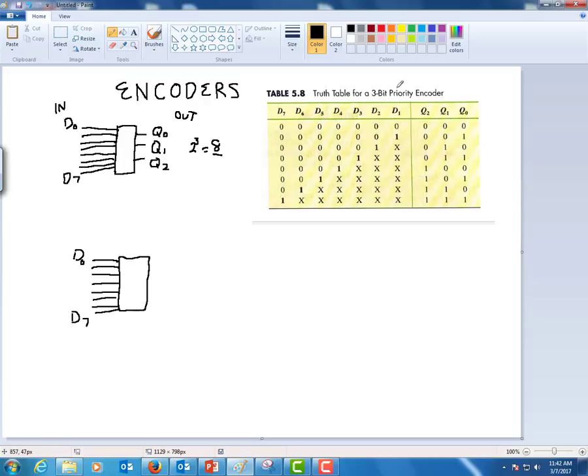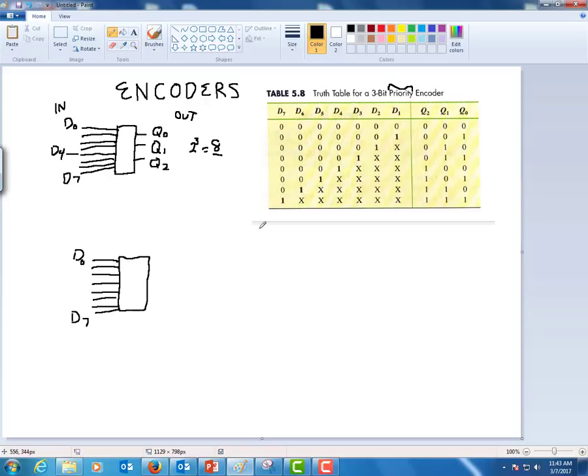Now, let's talk about what priority means. You have this word here, priority. Priority means that it's going to use the highest value input. So if you have D6, D5, that's D4 right there. Suppose D4 was active and D7 was active. What would it output?